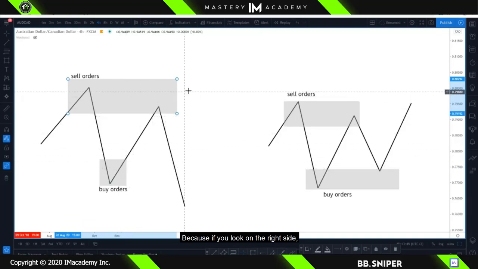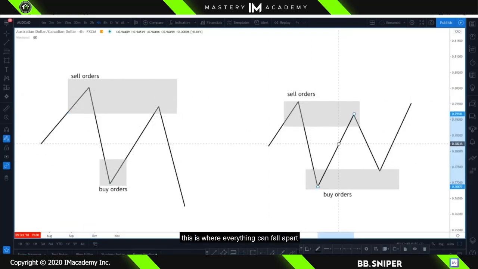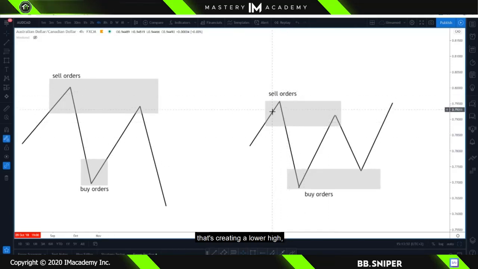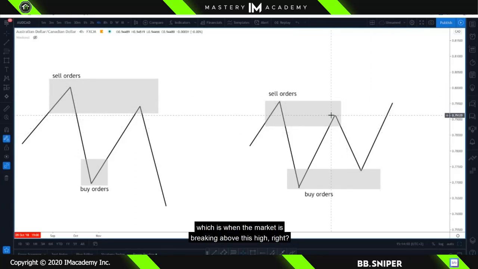Because if you look on the right side, this is where everything can fall apart, because we have sell orders right over here that are creating a lower high. But if this doesn't have enough power to generate a new lower low, and if those buy orders over here are overpowering the sell orders, the market could give us a formation that is going to break the structure, which is when the market is breaking above this high, right?